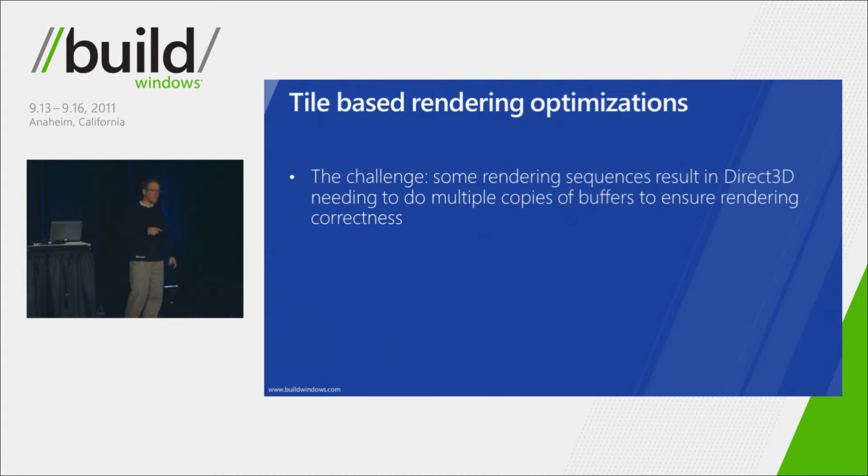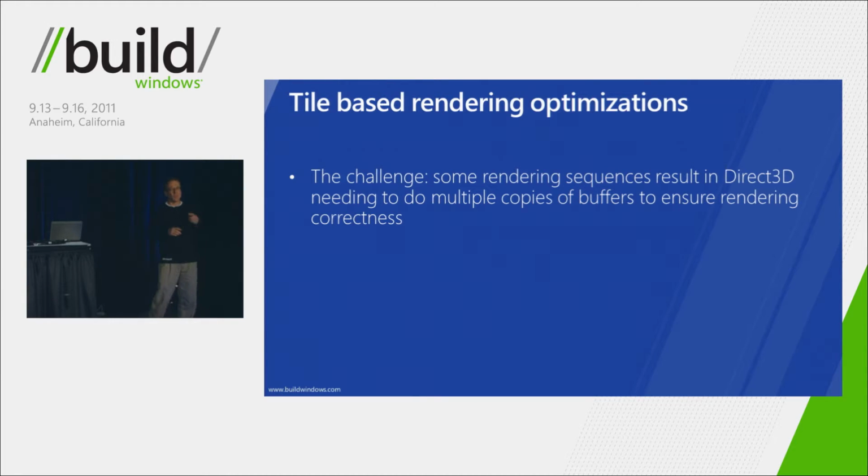So there are some challenges with that from the runtime perspective and from an overall GPU utilization perspective. The challenge is that sometimes, depending on how you write your code, we have to create multiple copies of the data to make sure that we can actually execute those buffers multiple times. Because otherwise, what you get is wrong rendering and wrong pictures on the screen, and that's not good, right?